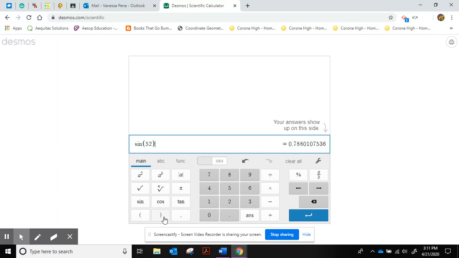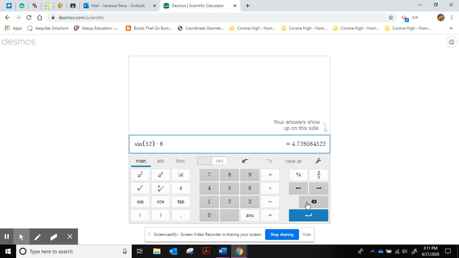Because to these numbers, you can also multiply any whole number, any fraction, any decimal to that, and you will see that it changes your answer. So for example, let's say I want to take sine of 52 and multiply that by 6. So notice with the parenthesis, sine of 52 degrees times 6, here is your new answer, okay?